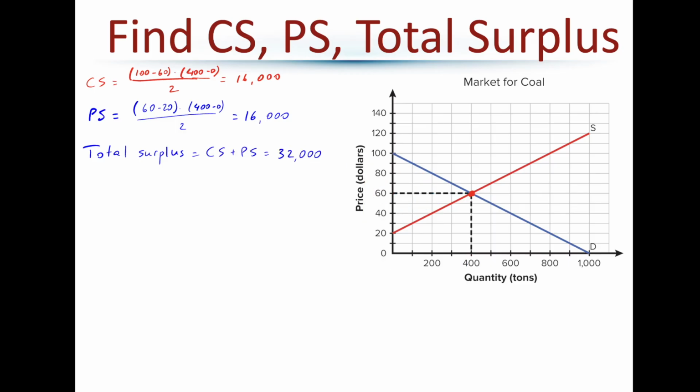Now imagine an example in which a price ceiling is imposed and the price is actually $40. So a price ceiling is basically a price that is pushed lower, below the equilibrium level, and that should benefit consumers. How can we calculate the consumer and producer surplus in this case? Well, one thing to remember is that now the price is $40.